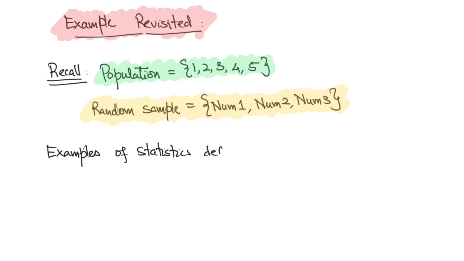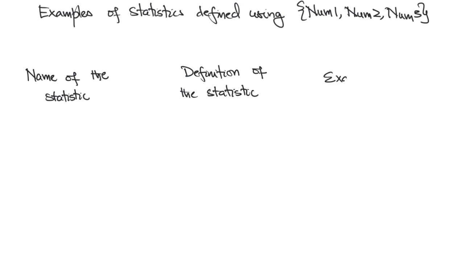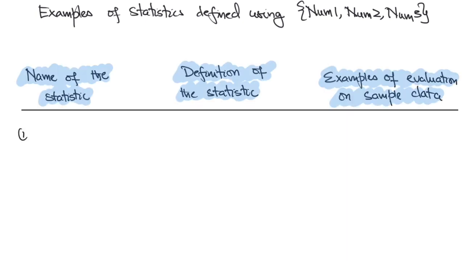Examples of statistics defined using a random sample of size 3 would be as follows. So let's have 3 columns in our table here: the name of the statistic. We will give the definition of the statistic in some numerical form. And finally, we will calculate some evaluations of the statistic on sample data.